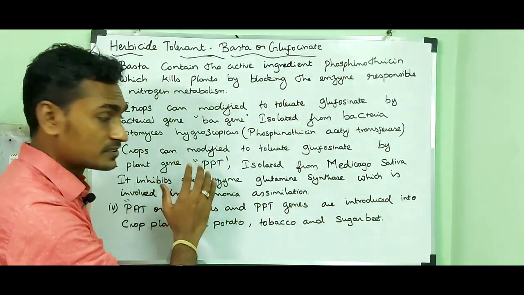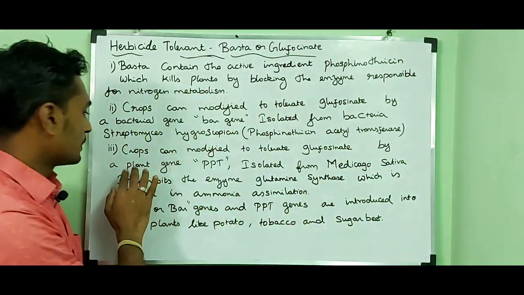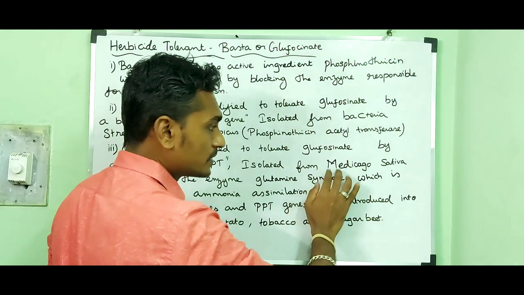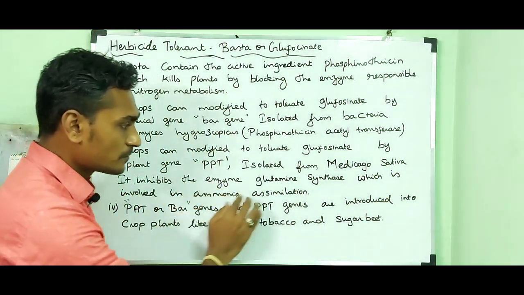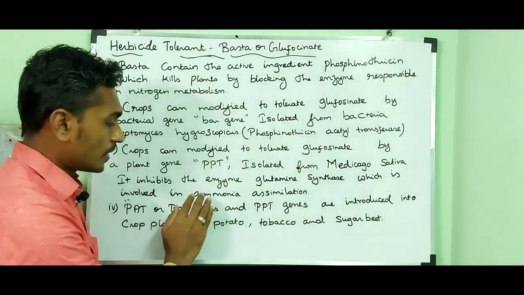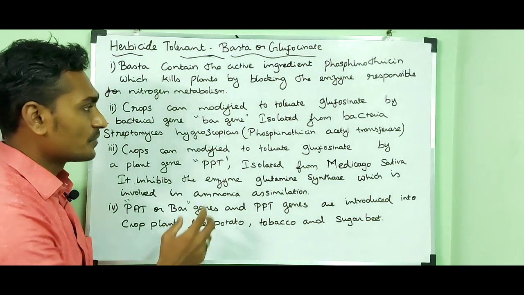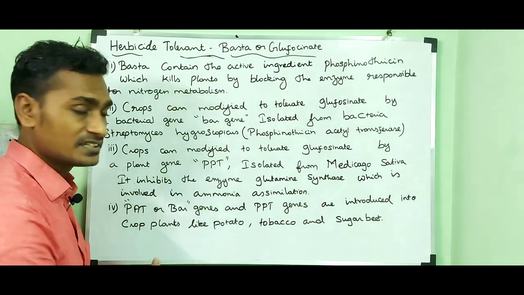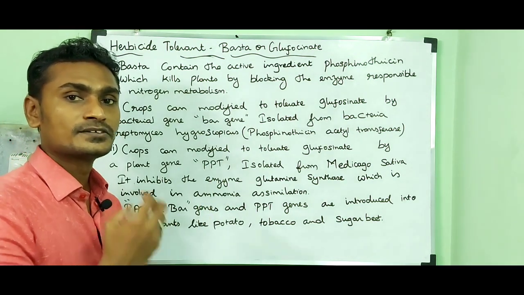Crops can also be modified to tolerate glufosinate or Basta by a plant gene, PPT, isolated from the plant Medicago sativa. It encodes the enzyme glutamine synthase, which is involved in ammonia assimilation.